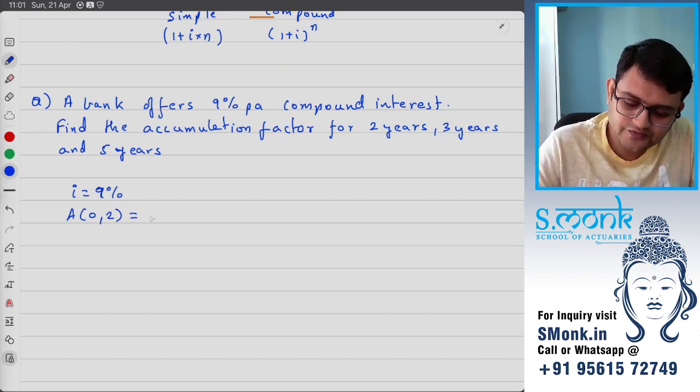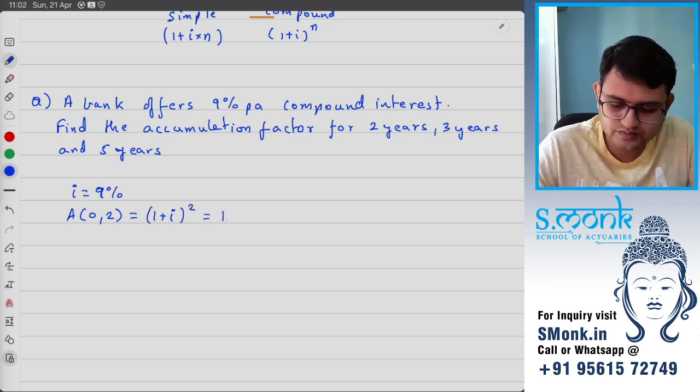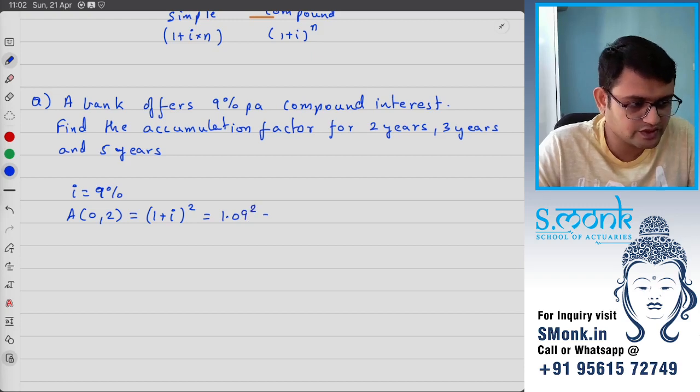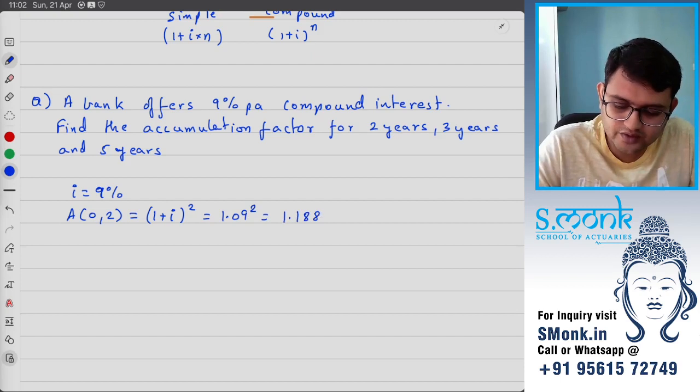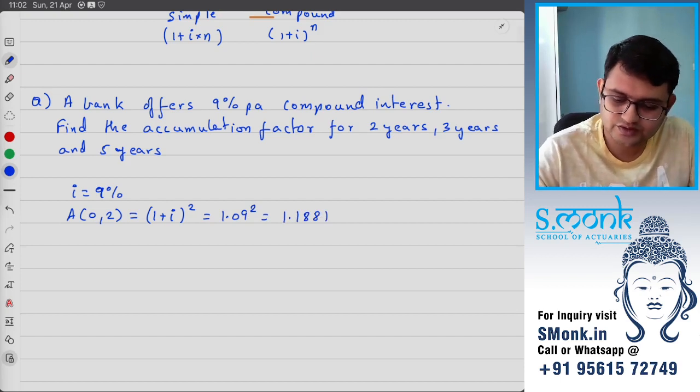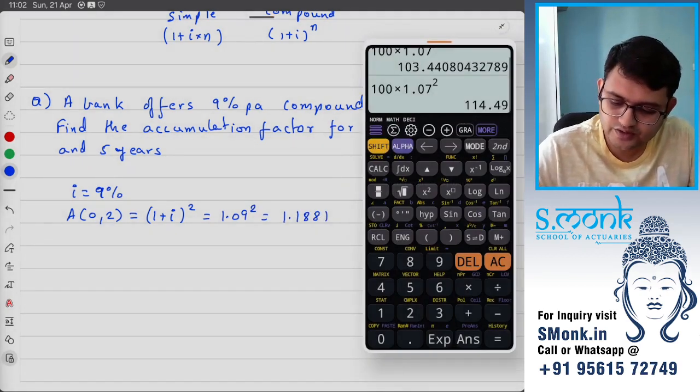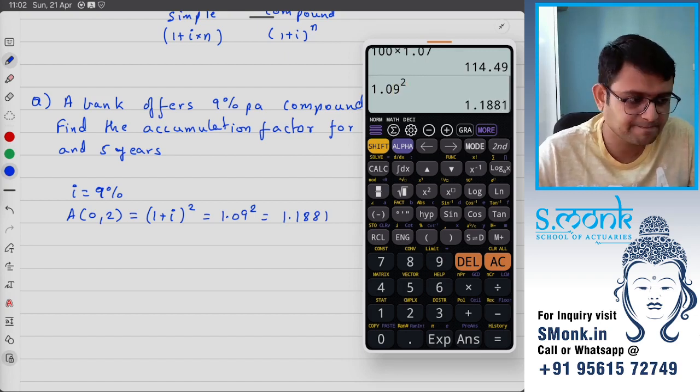So the accumulation factor would be 1 plus I raised to 2. 1.09 raised to 2, yes, so that is 1.1881. You can just square them, right? 1.09 square, okay.